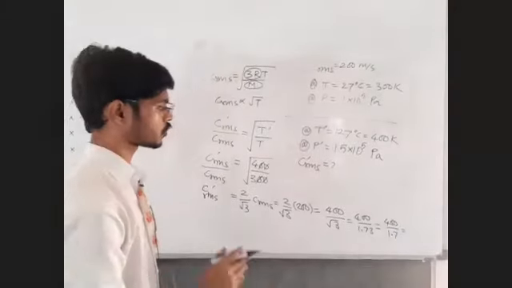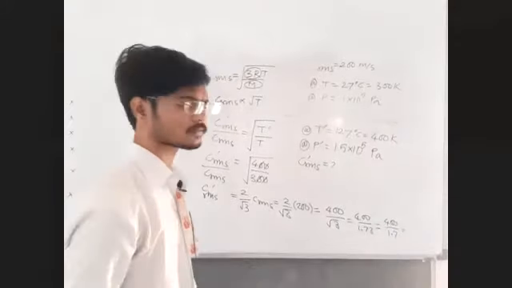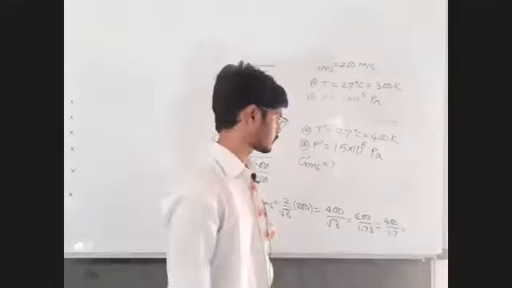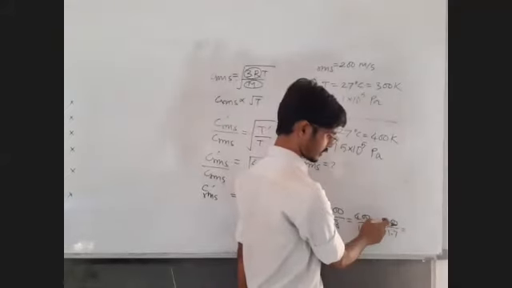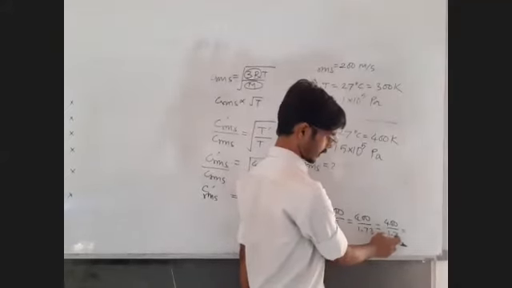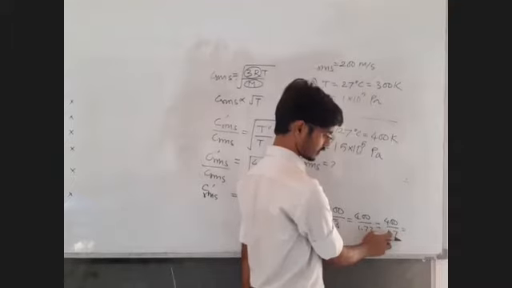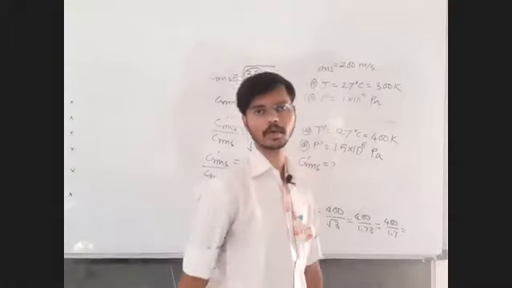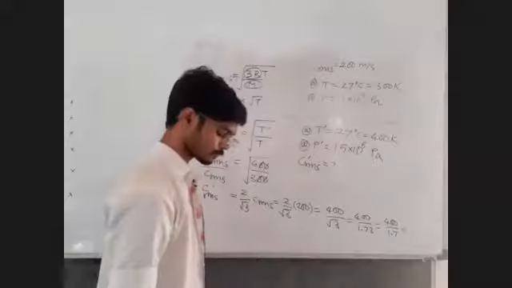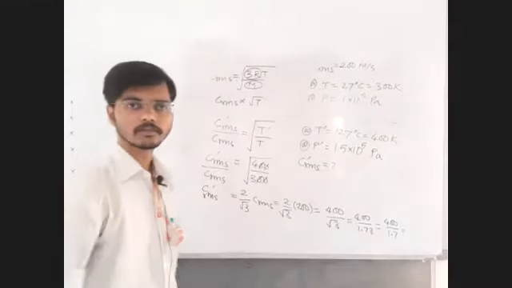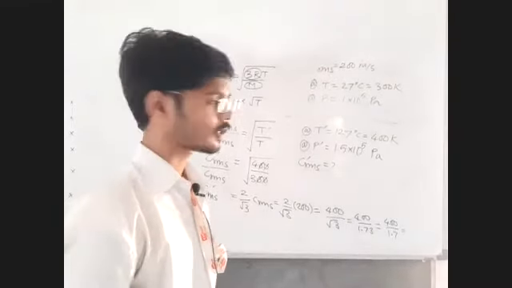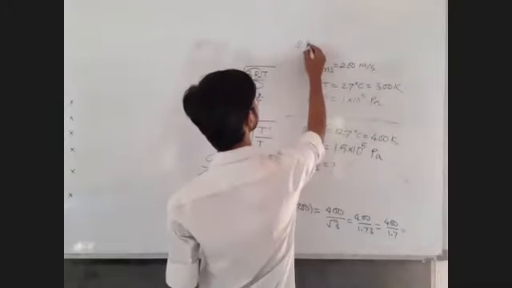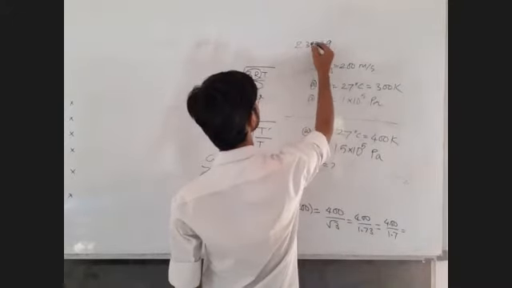I want all of you to do this calculation. Actually you will divide by 27, but actually 17. But you know that there is one decimal point, so you have to adjust the decimal point accordingly. 235.29. Just check whether it is 235.29.